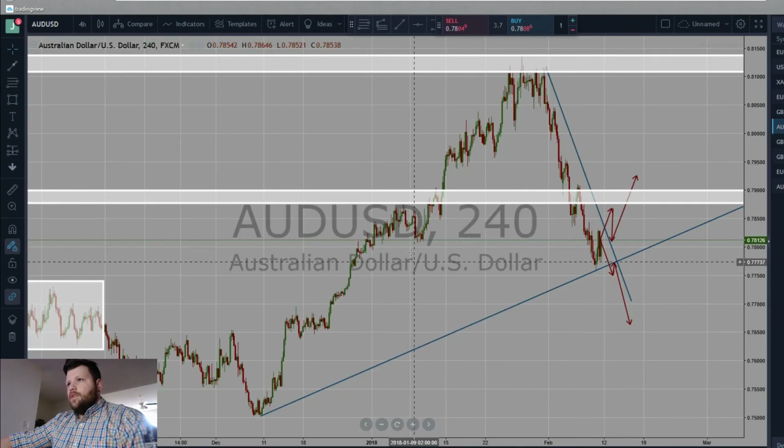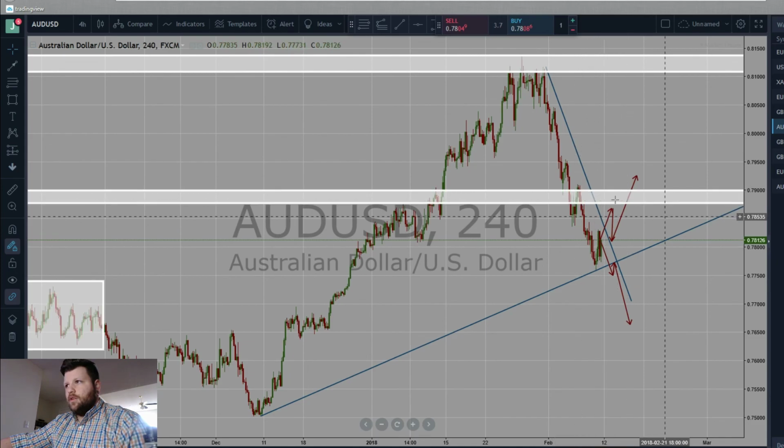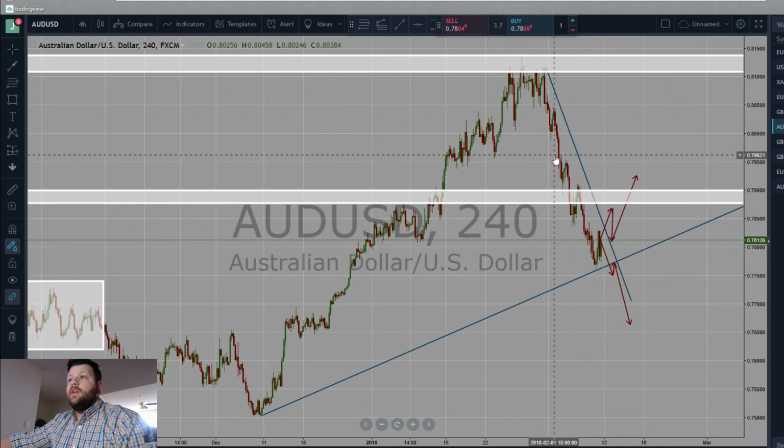Now looking at AUD/USD on the 4-hour time frame, price is relatively close to this trend line that I have drawn. It is also relatively close to this zone that I have drawn. You will notice that this trend line that I have here is not actually a trend line because it doesn't have any connecting points.